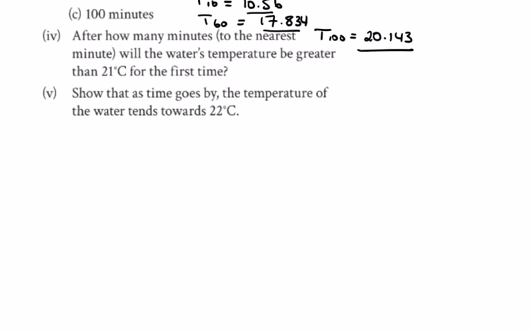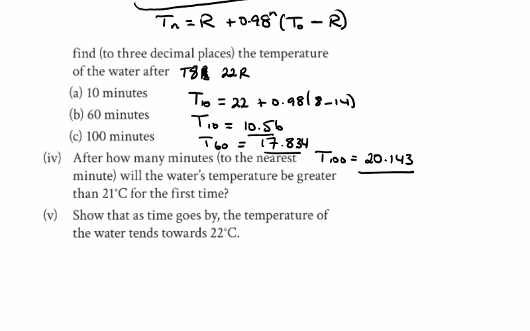We're getting close to it. So we're looking for n here. So when will 22 plus 0.98 to the power of n times 8 minus 22, which is minus 14, be greater than 21?